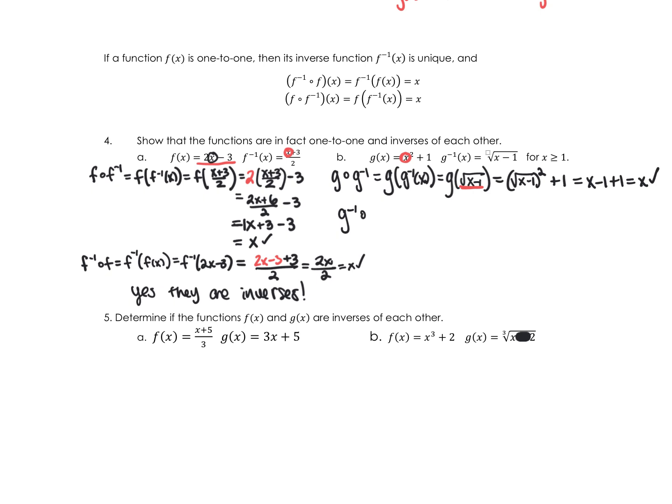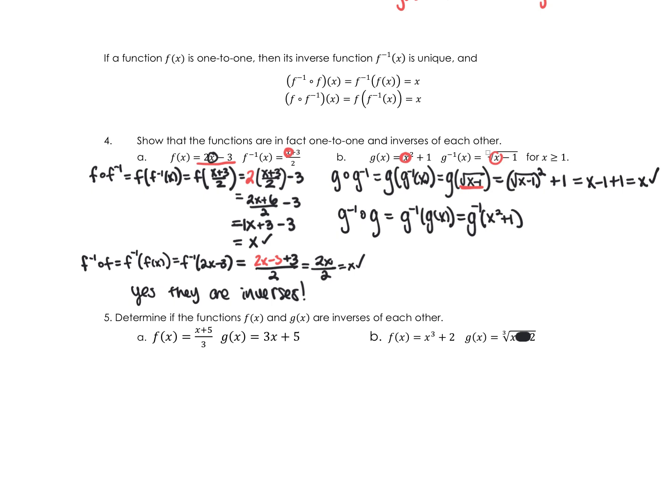So now let's go the other way. G inverse with g inside. So now we'll take g inverse and put it inside of g. I mean the other way around. G inside of g inverse.